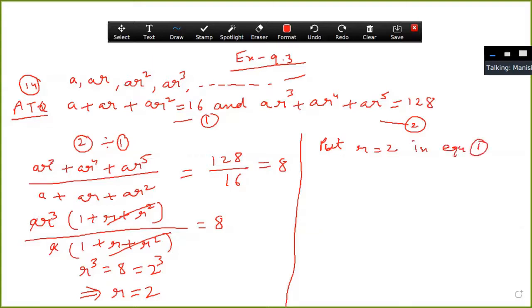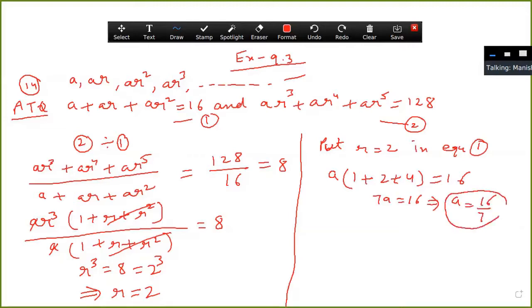That comes out: a as it is, 1 plus r plus r square, that is equal to 16. That is 7a is equal to 16. What does this imply? A is equal to 16 upon 7. The value of a is 16 upon 7.